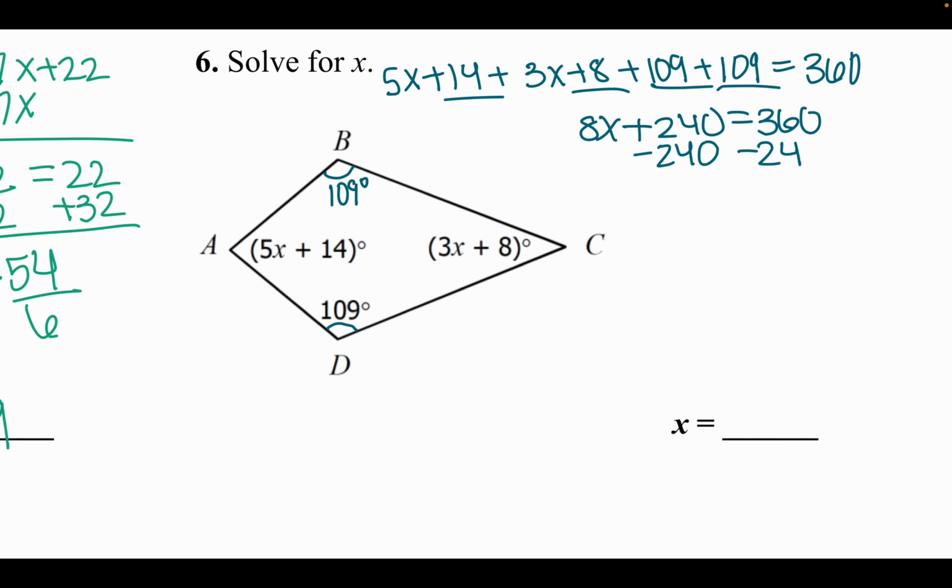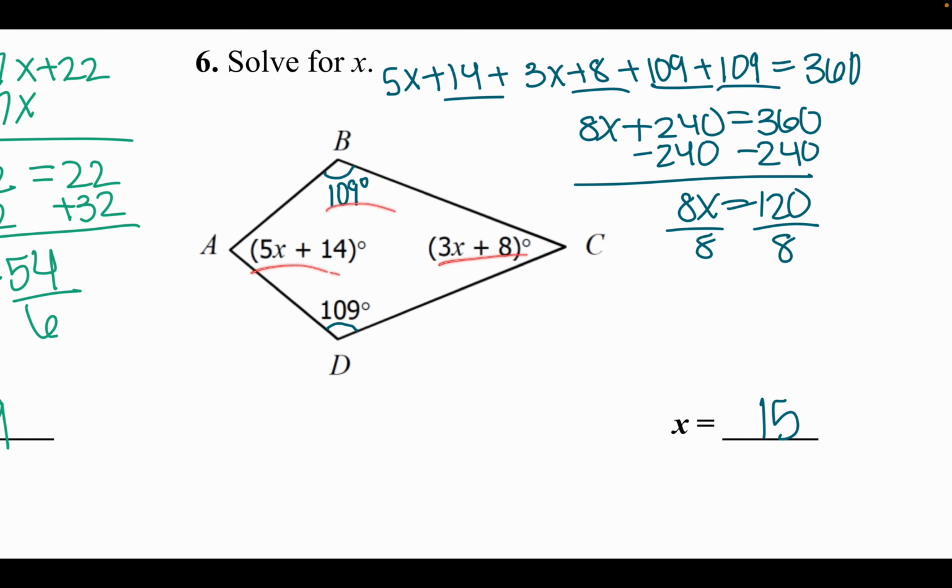Subtract 240. Divide by 8, and we get x is equal to 15. And again, if you want to look at all these numbers and go straight to this step where everything is condensed, that's fine by me.